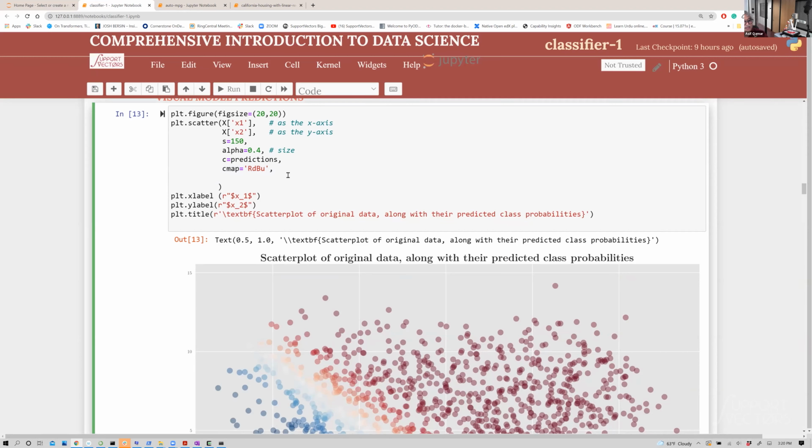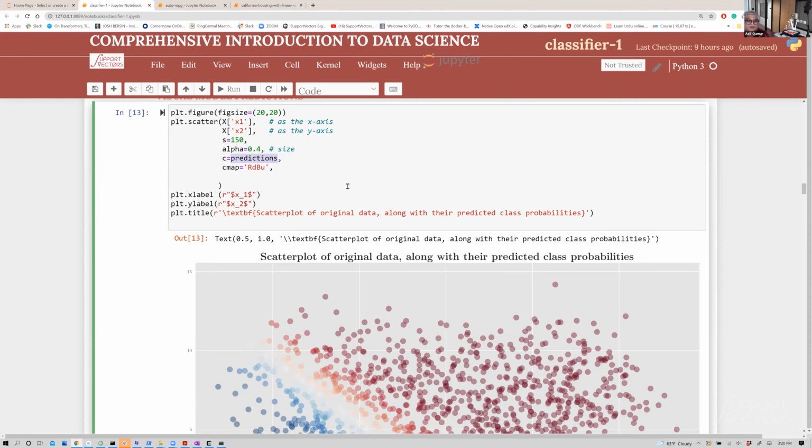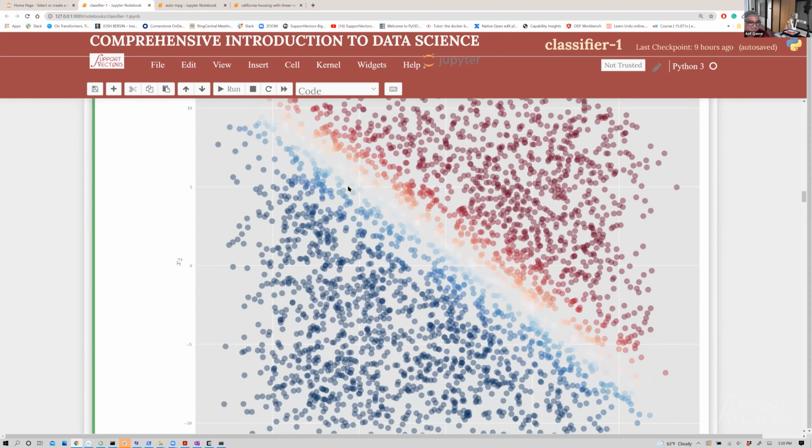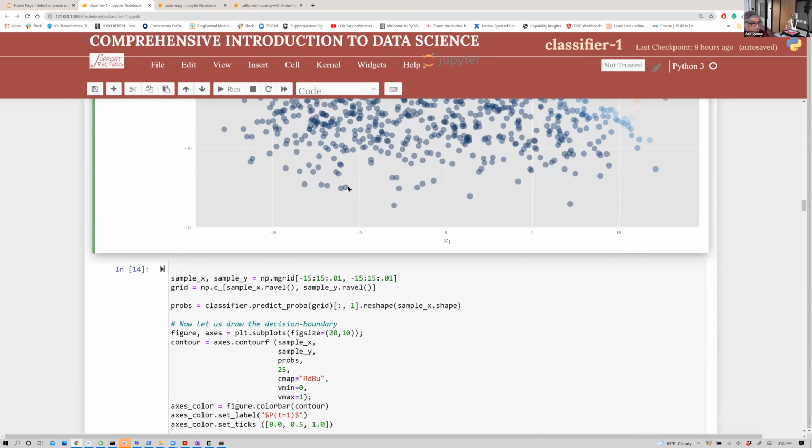I chose red, blue because we're talking about that. The second thing I did is, do you see this P predictions is the probability of its being a cherry, right? Okay. So if the probability is below 50%, it will be bluish color. If it is above 50%, it will be reddish color. Okay. Since you said red to blue, it automatically went to white in between. That is right. That's how it is.